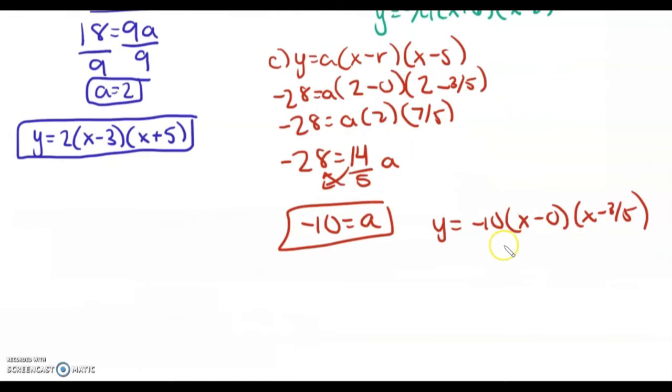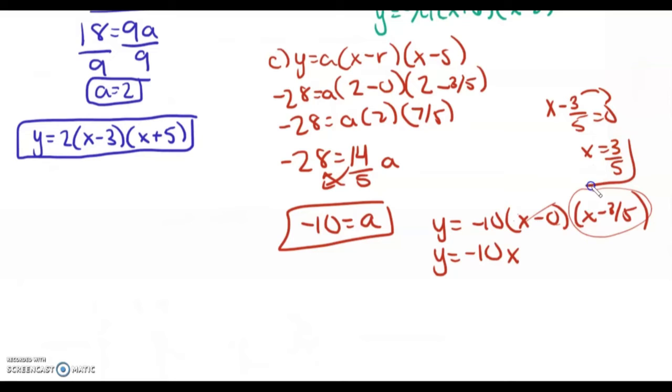I'm going to take this one step further. When we have x minus 0, that just cancels to x. So that's fine. Here's the other thing. This is actually not true factored form, because if you were to ever factor this, the original would never show up as this. If you go x minus 3/5 equals 0 and you bring that over, our actual x-intercept is 3/5. How else can we display it?